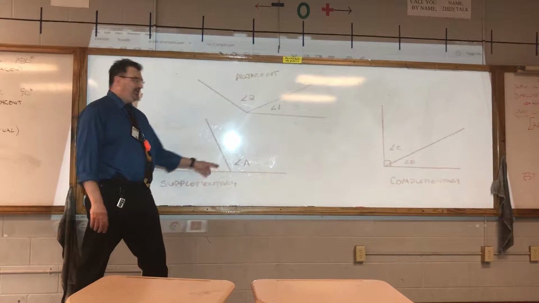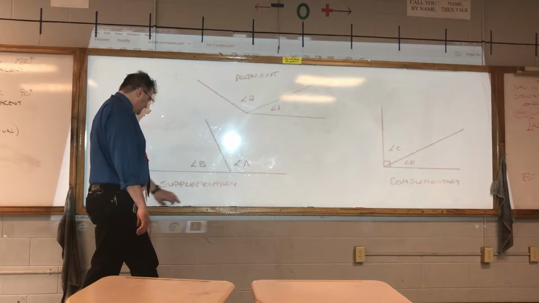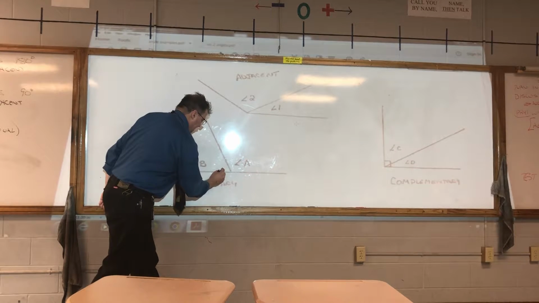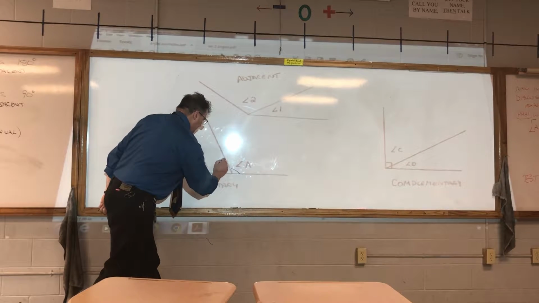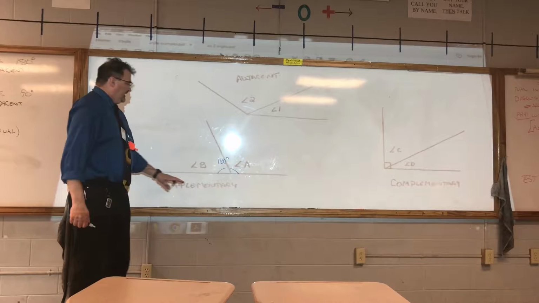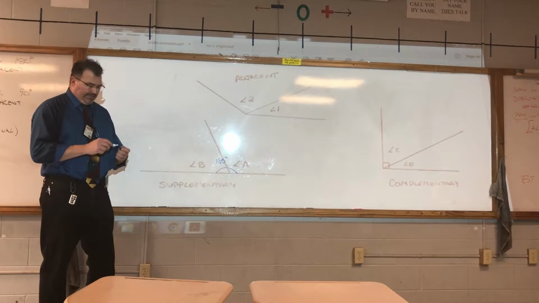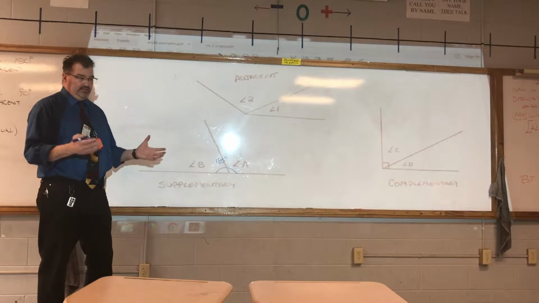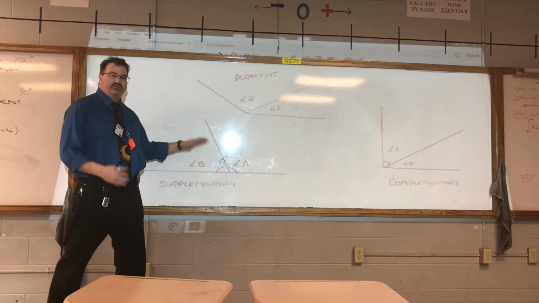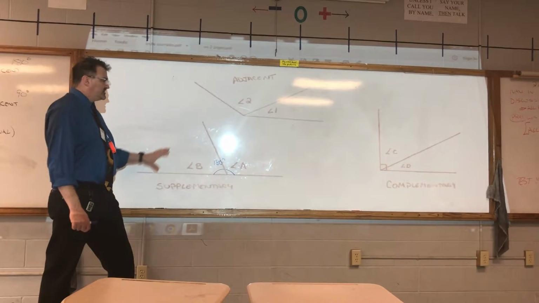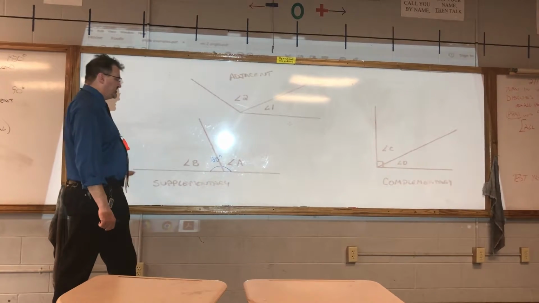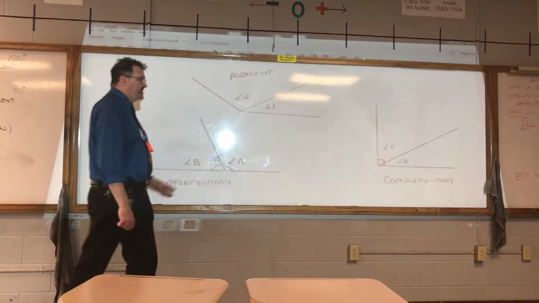That means they add to give you 180 degrees total. They're supplementary. Now, any two angles that add to give you 180 are supplementary, but we're going to focus on adjacent angles that form a straight line.